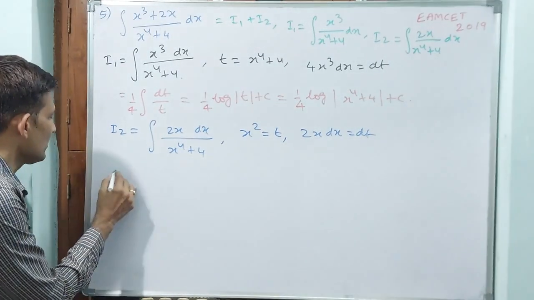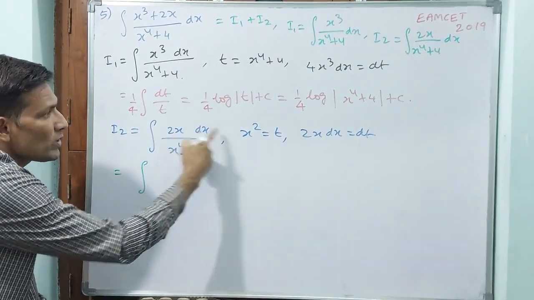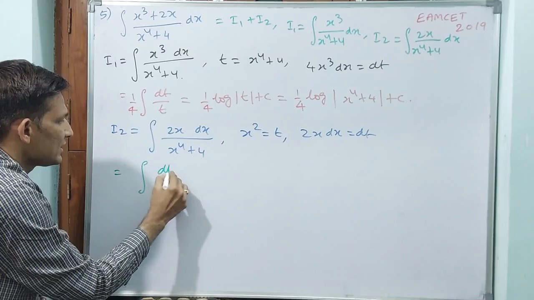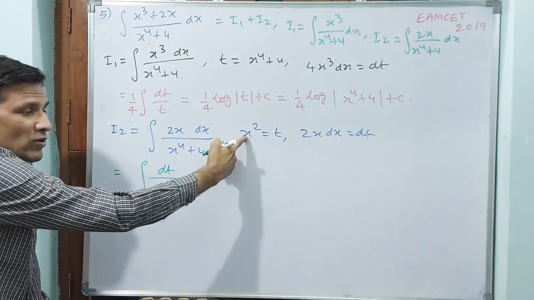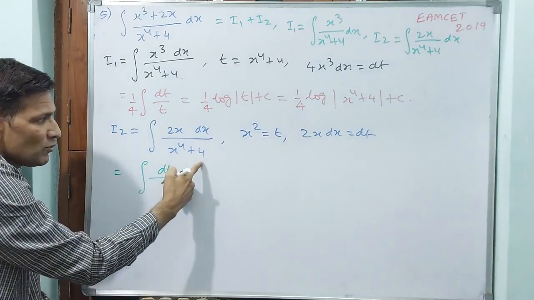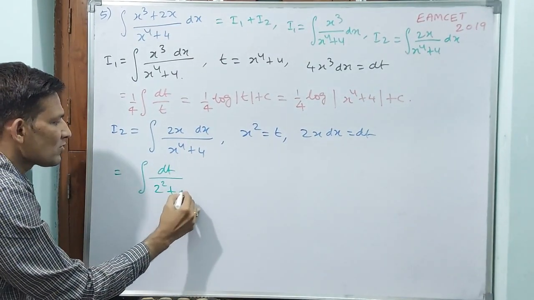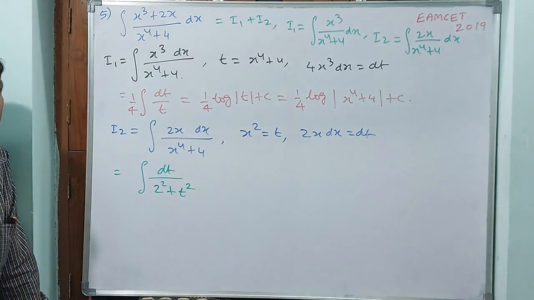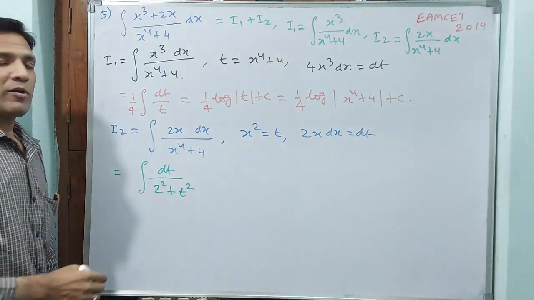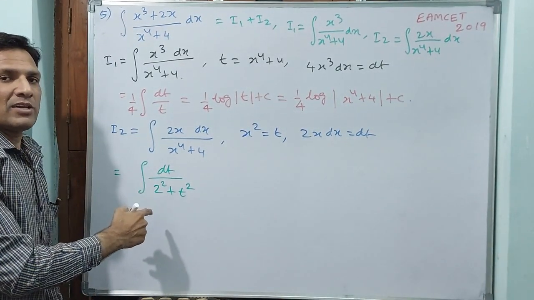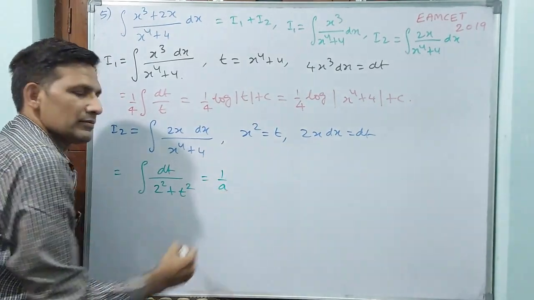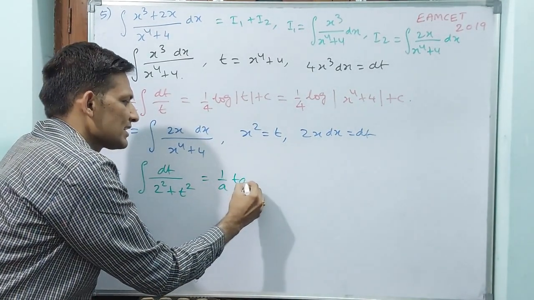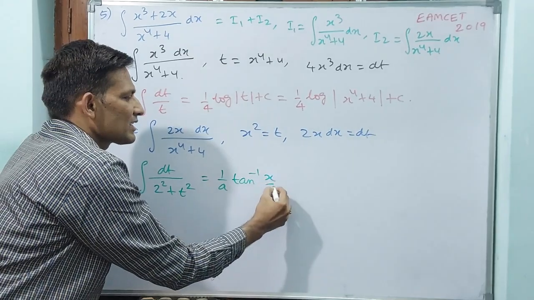Then how to change this? Integral 2x dx means dt, divided by, x square we have taken as t, so x to the power of 4 is t square, that means 2 square plus t square. Now we know one formula: integral dx by a square plus x square is equal to 1 by a tan inverse x by a.